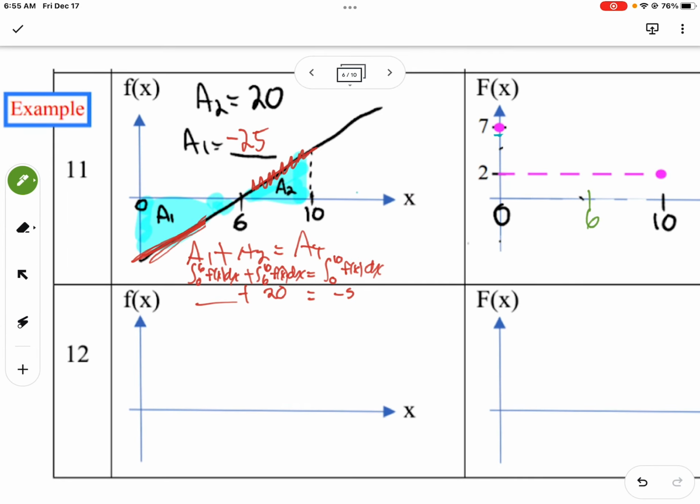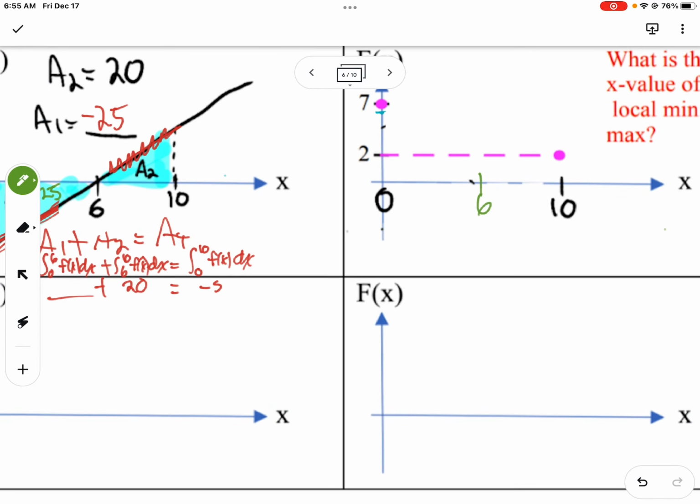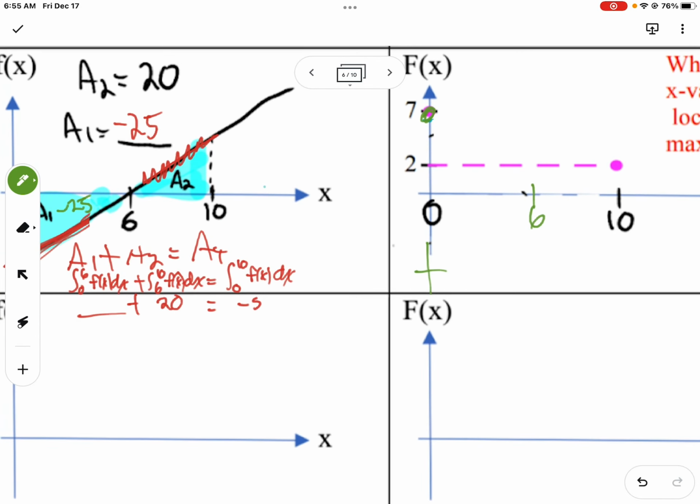Well, I know that A1 is negative 25. So that means if I started at 7, I had to drop by 25. 7, and then I had to go down by 25 to get to there. So it would go all the way to 7 minus 25, which is negative 18. So I'd be all the way down here at negative 18. Okay, so it would drop like so.